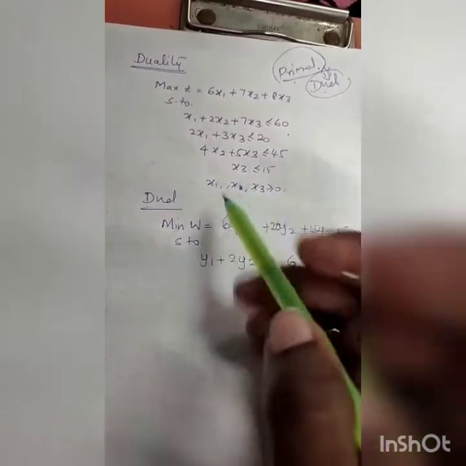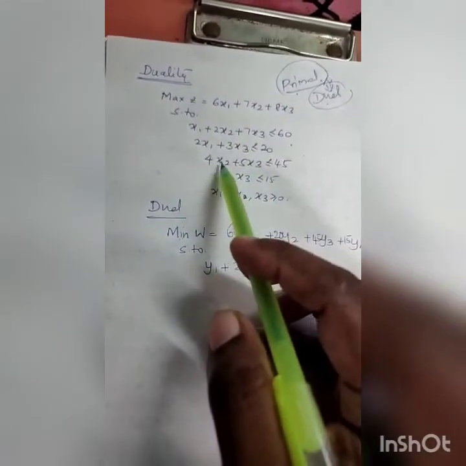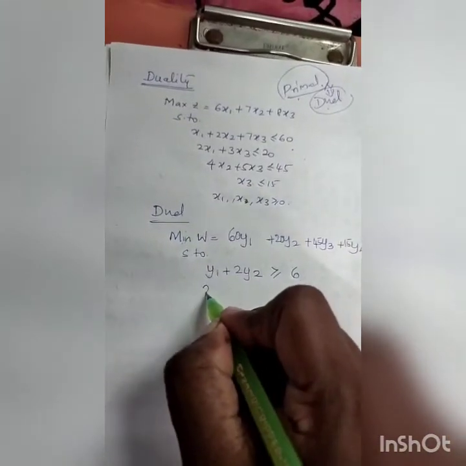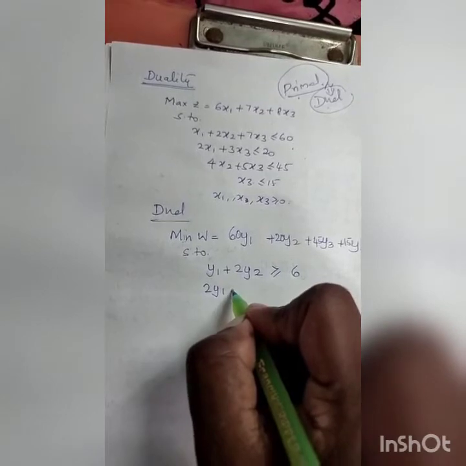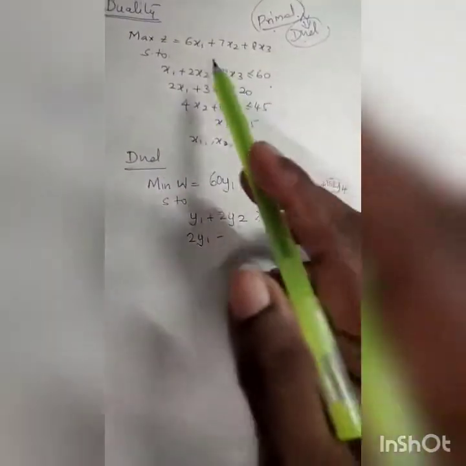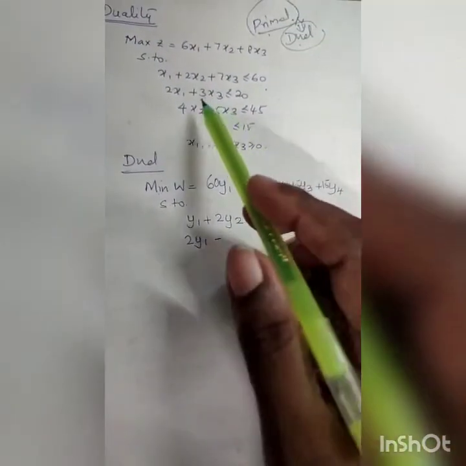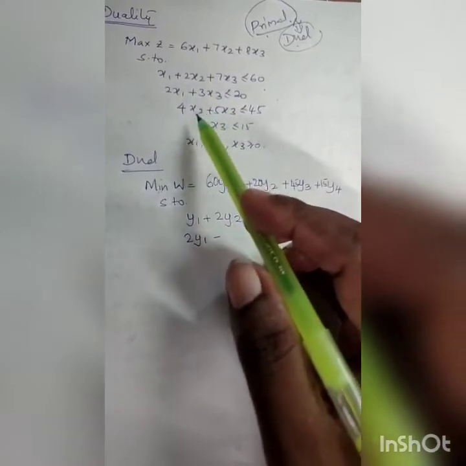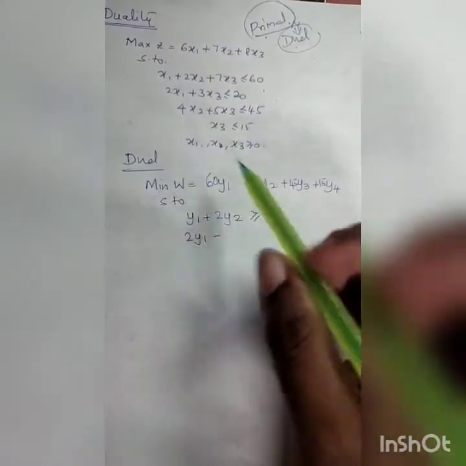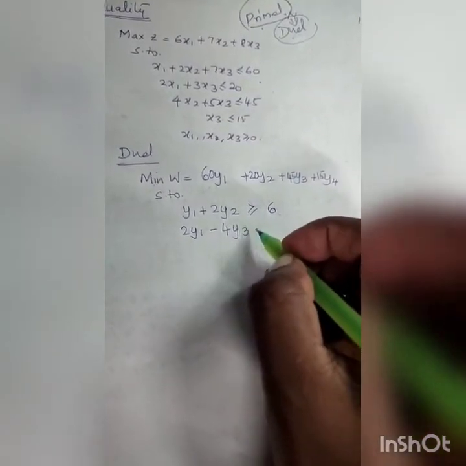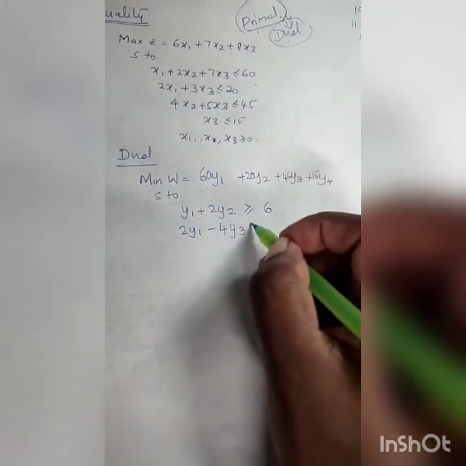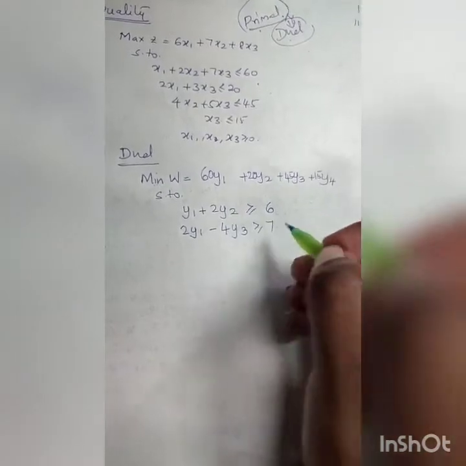Second one, x2: 2x2, 4x2. So 2y1. There is no x2 in the second row, so we leave it. You have an x2 here, so it will be 4y3. There is no x2 here, therefore this is greater than or equal to 7.